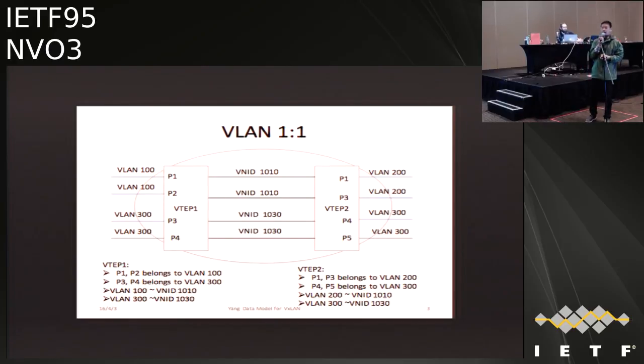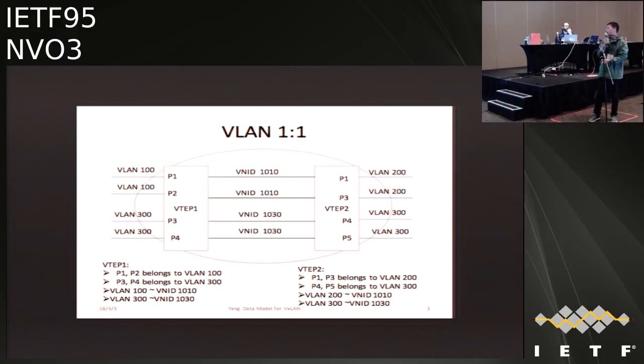So for this VLAN 1 to 1 type, we can have the mapping of VLAN and VNID. For VTEP 1, VLAN 100 maps to VNID 1010. VLAN 300 will be mapped to VNID 1030. For VTEP 2, VLAN 200 maps to VNID 1010, VLAN 300 maps to VNID 1030.